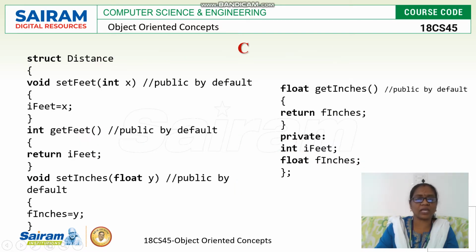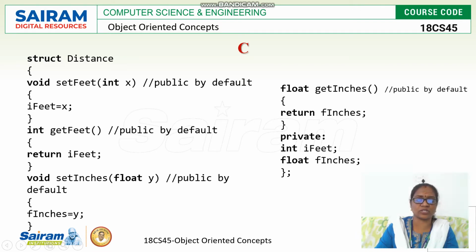Then how can we depict this programmatically? First we will see how this concept is implemented in C. We know that this concept is implemented in C with the help of structures, right? I have taken the same example as in the previous video, distance.